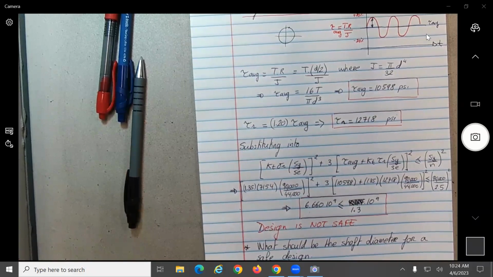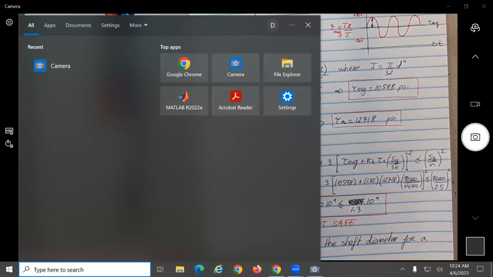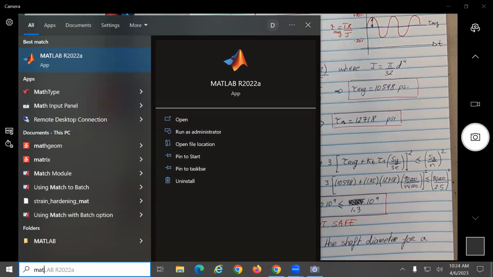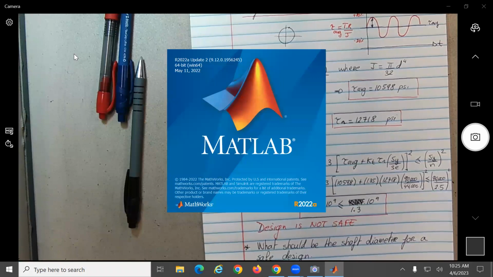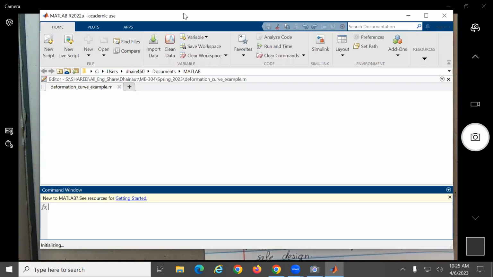Obviously, what I will do is go and do it with MATLAB, or software. In the old times they would put all these calculations into Excel so you can change the values, but let's be a little bit more engineer and do that in MATLAB, and see what should be the value for the diameter so that it is safe.